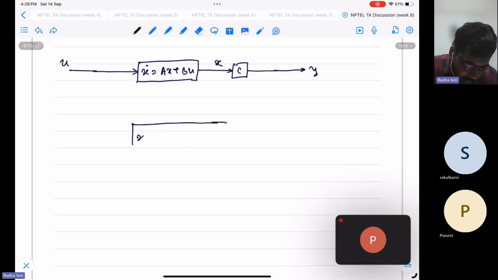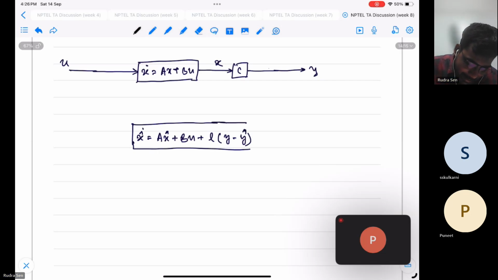This is my observer dynamic: x hat dot equals A x hat plus Bu plus L times (y minus y hat).